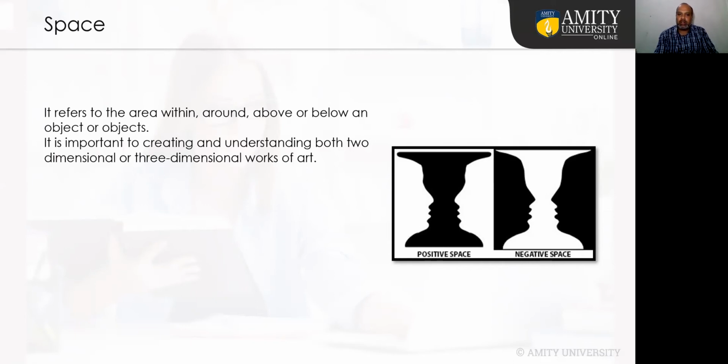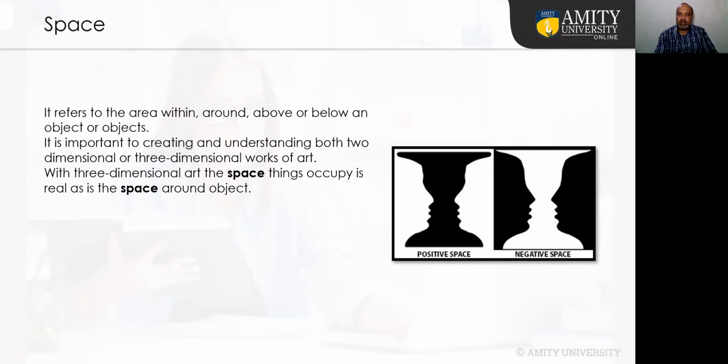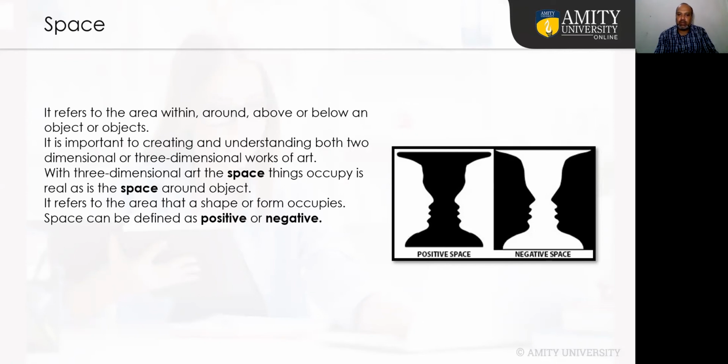This applies to both two-dimensional and three-dimensional works. With three-dimensional art, the space things occupy is real, as is the space around the object. It refers to the area that a shape or form occupies. We discussed positive and negative space. Positive space is the space occupied by the object or element.